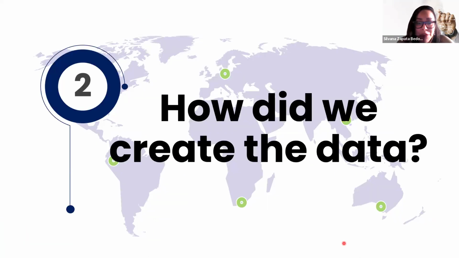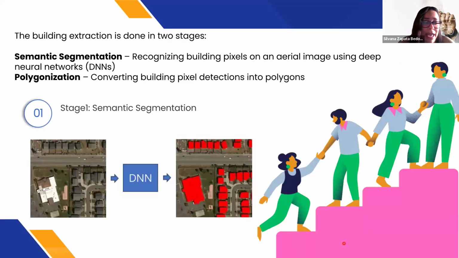How is the data in this slide created? The data is extracted in two steps. One is called semantic segmentation, which recognizes the pixels of buildings from aerial images using an algorithm, neural networks, or deep neural networks.